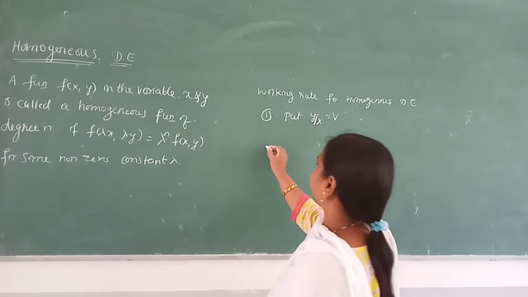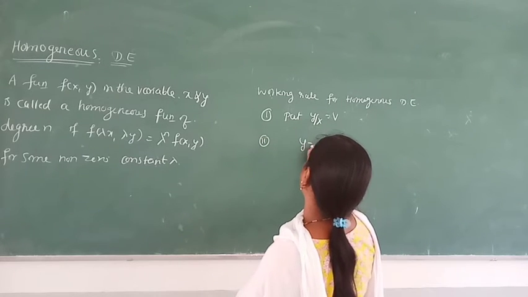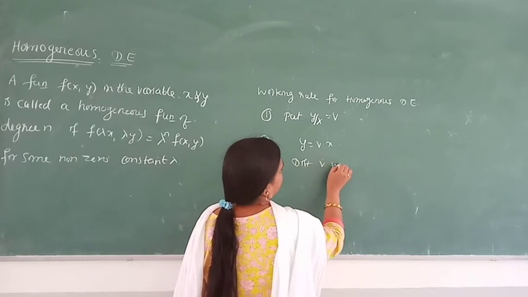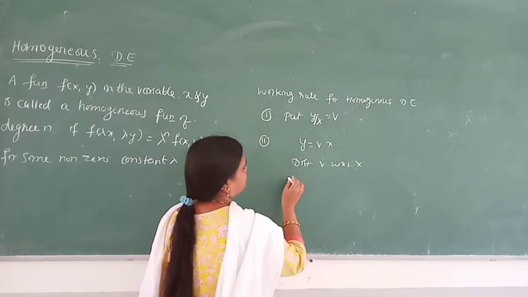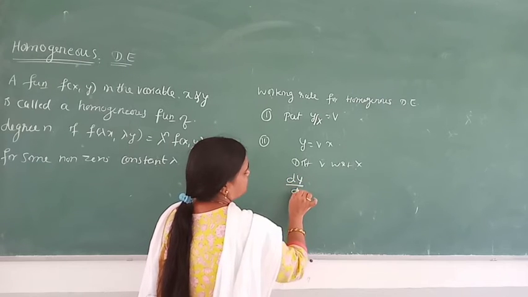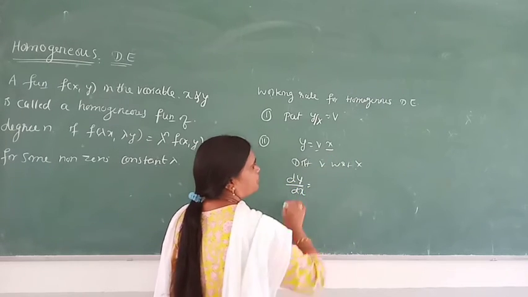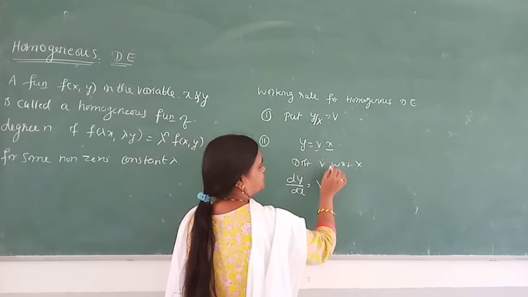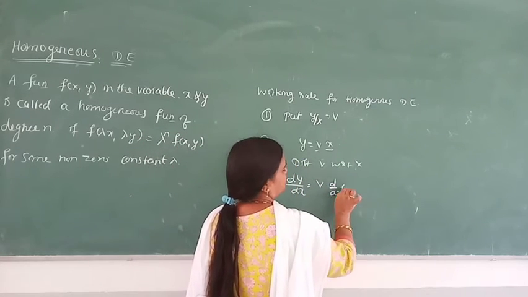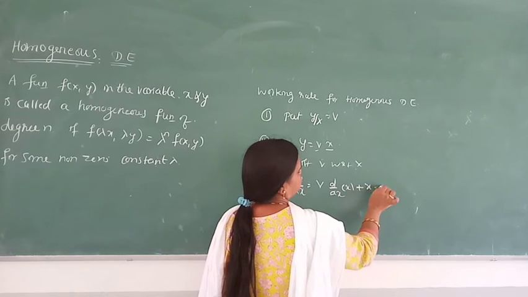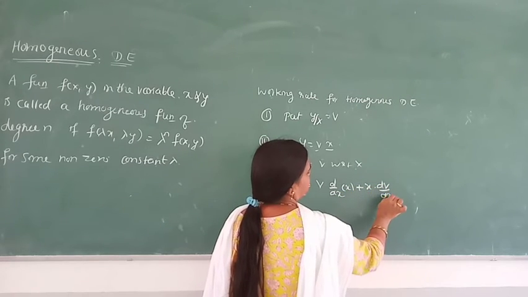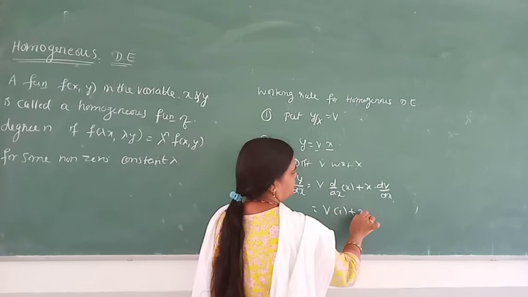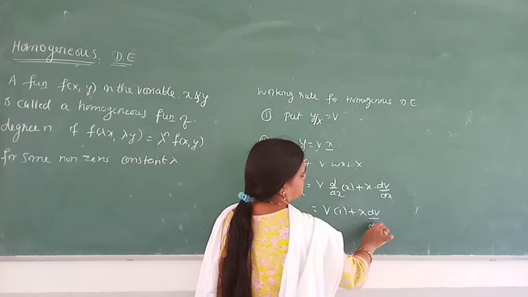Second step, we consider y equal to vx and differentiate with respect to x. Means we get dy by dx, a function of how many variables? 2 variables. Therefore, we write v as it is, x differentiation d by dx of x, plus x as it is, do the differentiation of v, dv by dx. Differentiation of x is 1, so v plus x dv by dx.